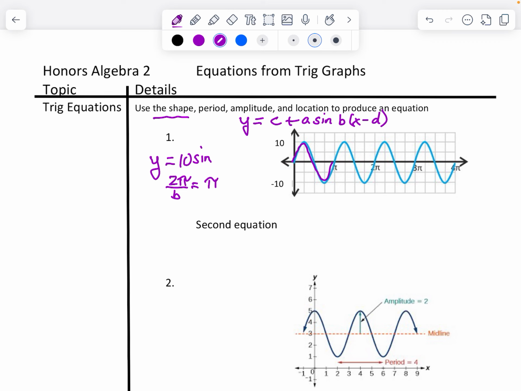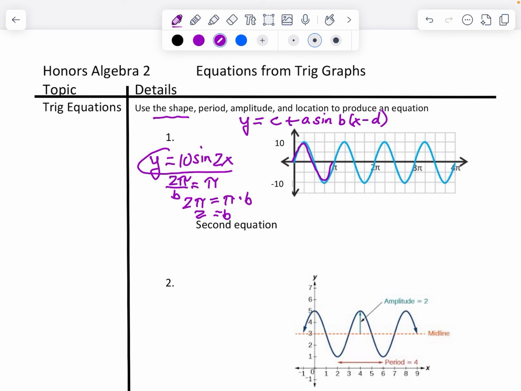So if you don't catch that right away, you could multiply by b on both sides and get 2 pi equal to pi times b, and then divide by pi and you get b equal to 2. So our equation would be 10 sine of 2x, because there's not been any horizontal translation for that.